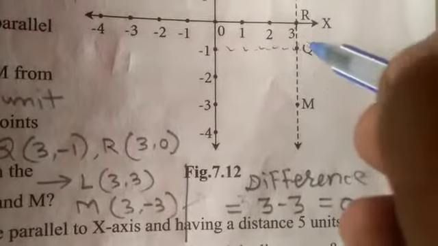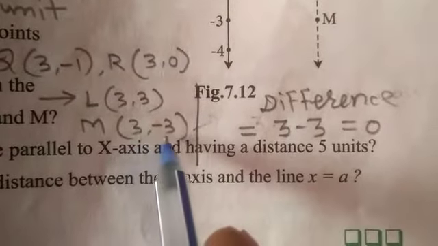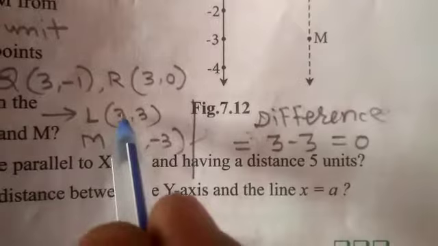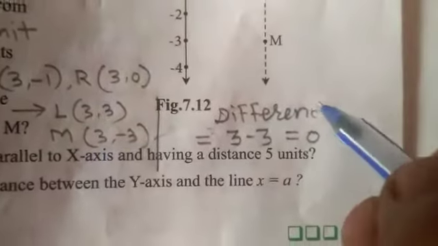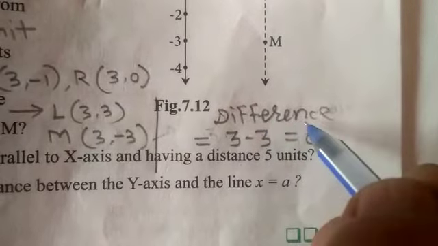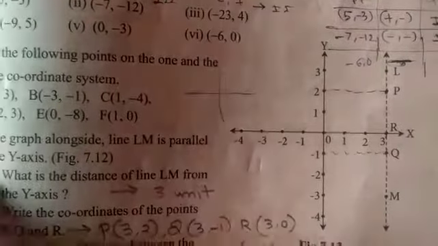Now the coordinate of point M is again 3 comma minus 3. x-axis 3, y-axis minus 3. But the x coordinates of both points L and M are 3 and 3. Therefore the difference is 3 minus 3. Difference means subtraction. 3 minus 3 equal to 0. Okay. So these are the answers. Write this question, draw the graph, write the 3 questions and write the answers of these 3 sub-questions.